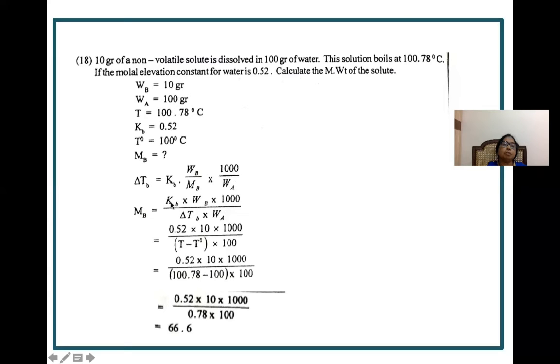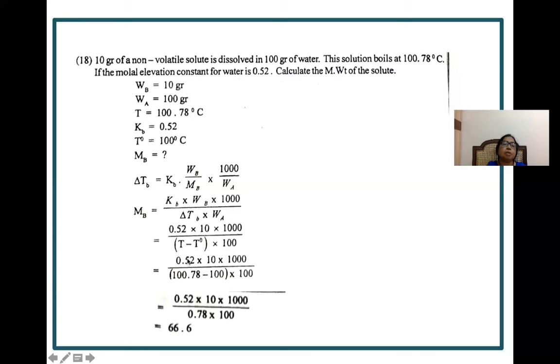KB is 0.52, WB is 10 grams, 1000 as it is, next T minus T0 into WA, that is 100.